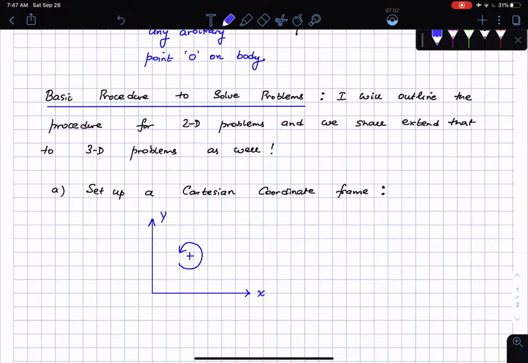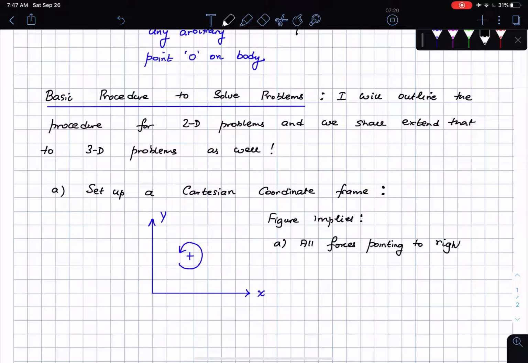This figure implies the following. All forces pointing to the right are positive.